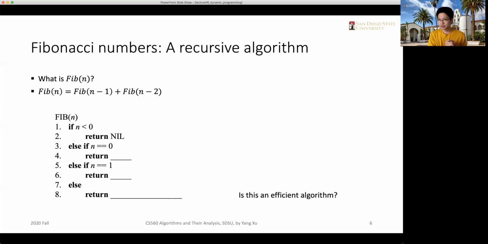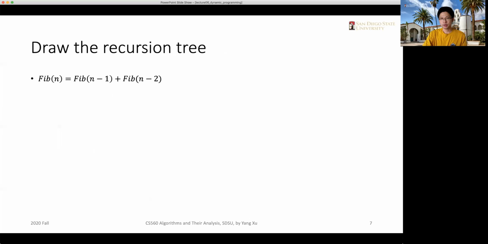So in this case, we can do the same thing to analyze the efficiency, the running time, of this Fibonacci algorithm. For example, we can start by drawing a recursion tree, taking some concrete examples to see how many recursive calls will be needed in order to solve the original problem, okay?